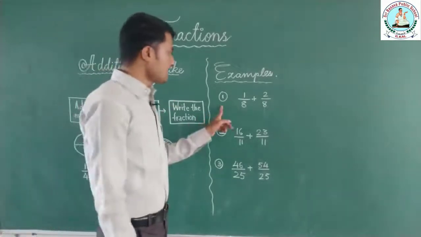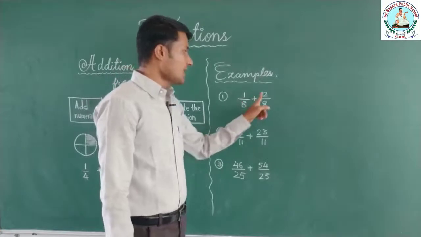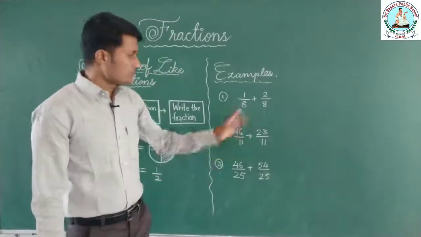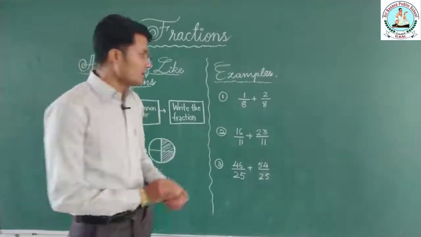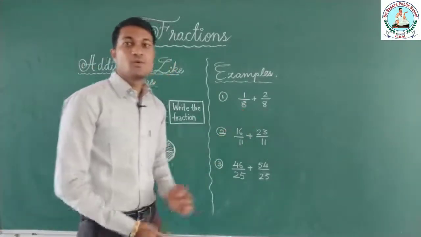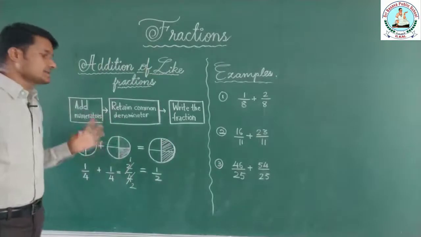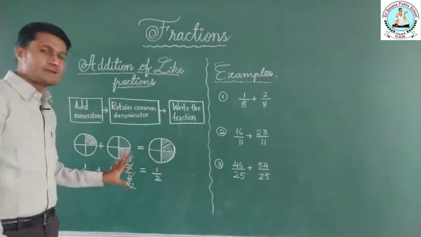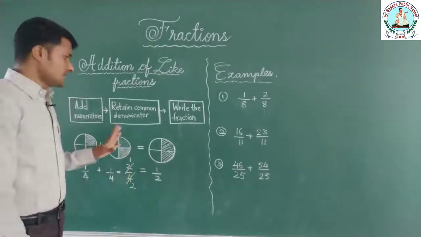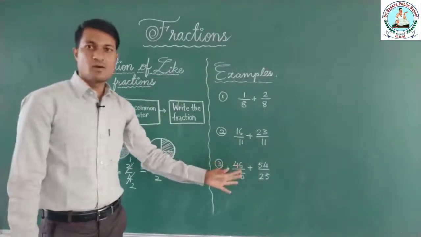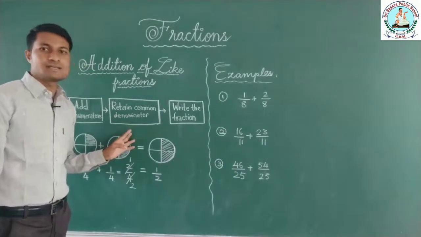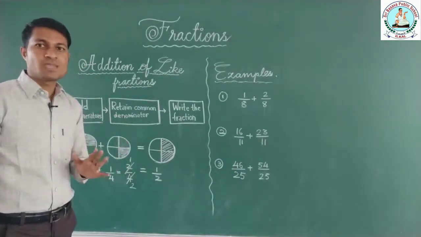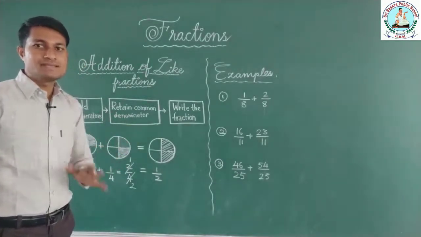Your first example is 1/8 and 2/8. First of all, these are like fractions because they have the same denominator. In such a case we have to follow these 3 steps, which I explained with the help of pictures. Whenever you face this kind of problem, follow these 3 steps and your answer will definitely be readily available.